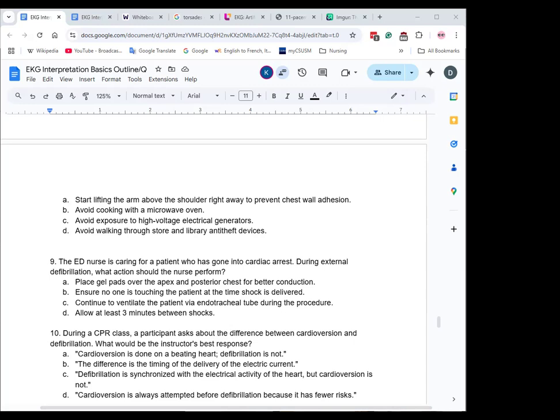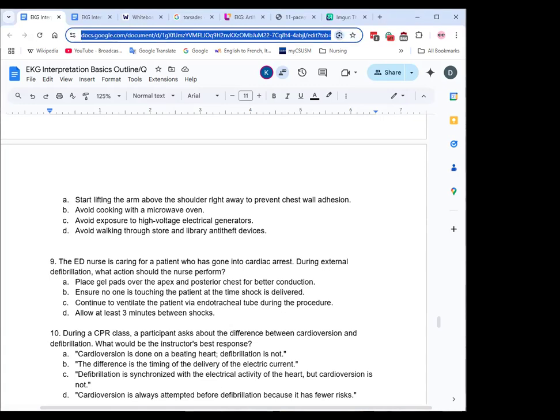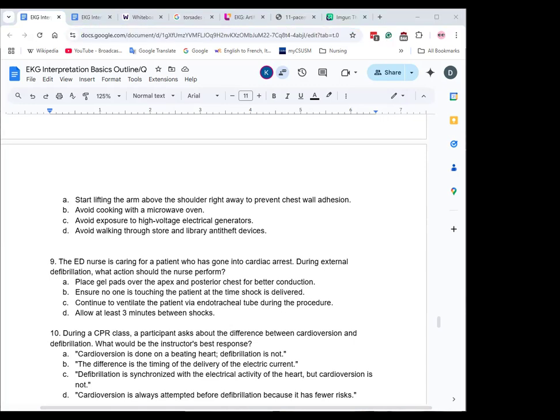Wait, I am seeing this right? Or am I tripping out? The answer I put down was B, but I see people saying A. What's A? Well, I think cardioversion. Cardioversion is done on a beating heart.